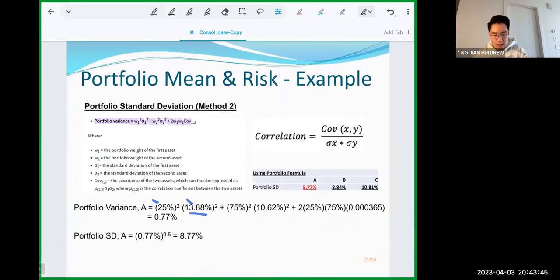Plus W2 square times the variance of number 2, plus the 2 W1 W2 and covariance here. This is the variance of the portfolio, and hence to calculate standard deviation, and we know why we need to calculate standard deviation now, because we need it to be a percentage, we just do a square root, or the power of 0.5.